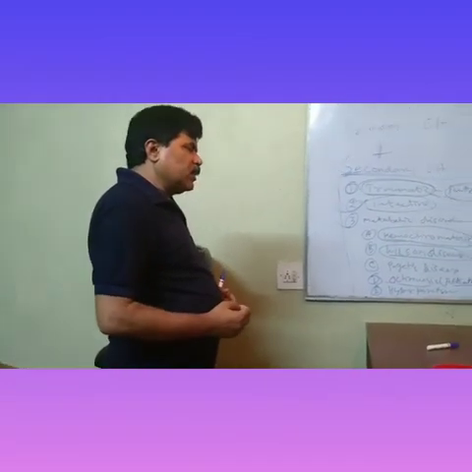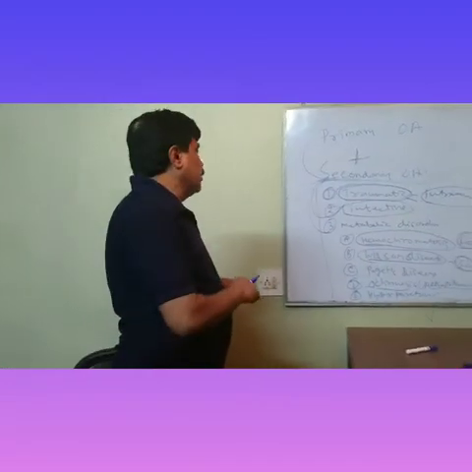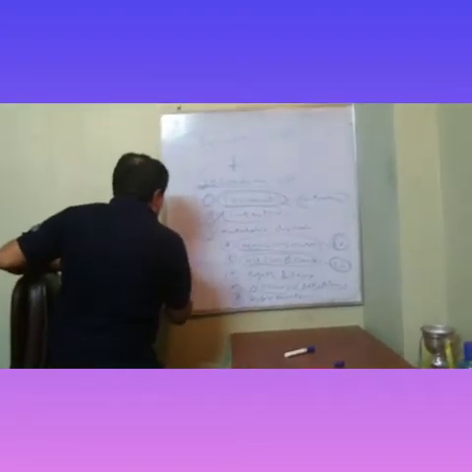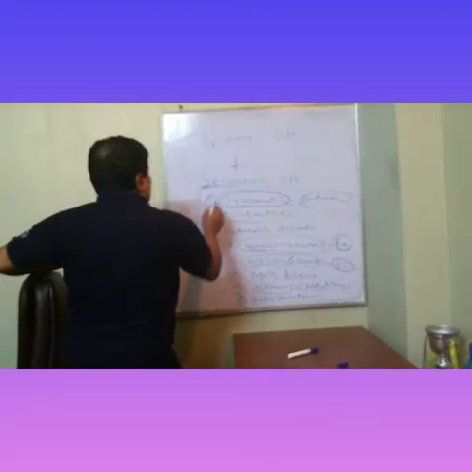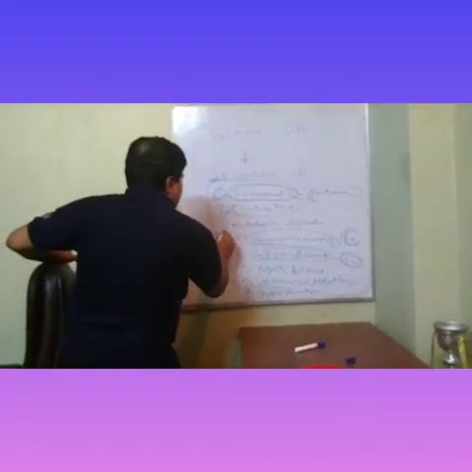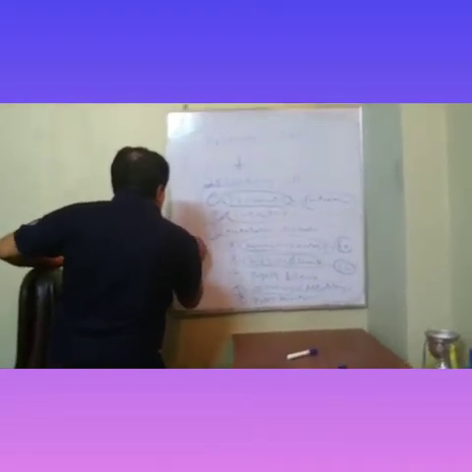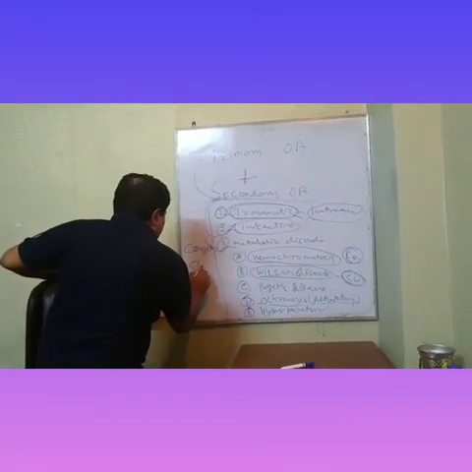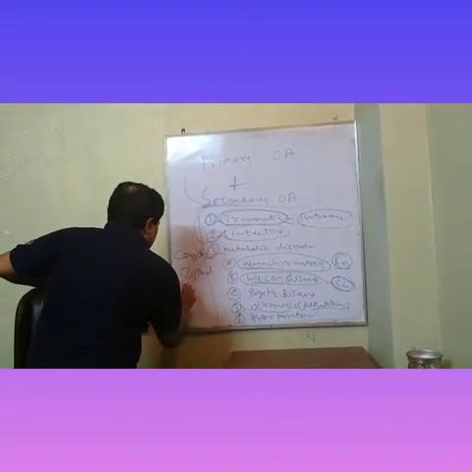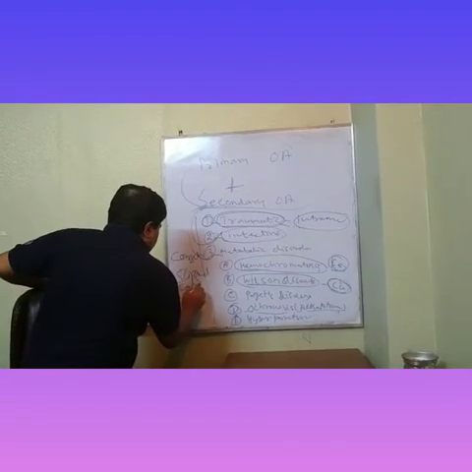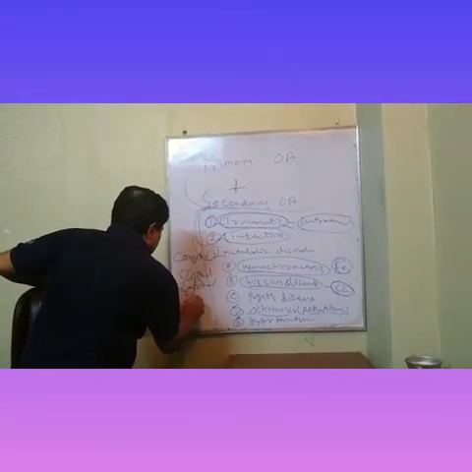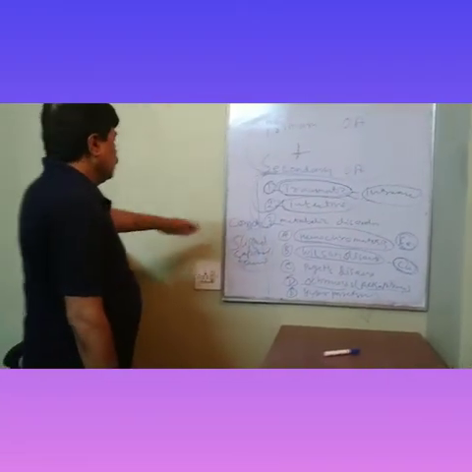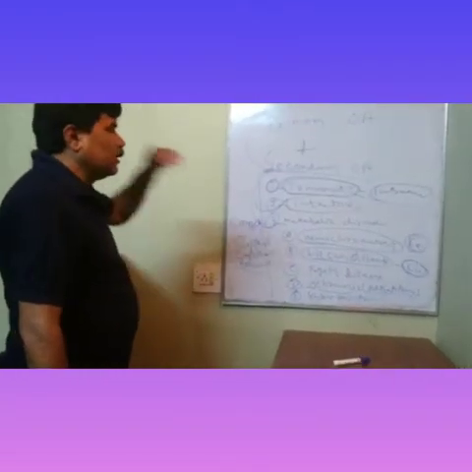In some cases of slipped capital femoral epiphysis, or if the child is born with a congenital problem, not only trauma or infection but also congenital problems can lead to changes in the bone.